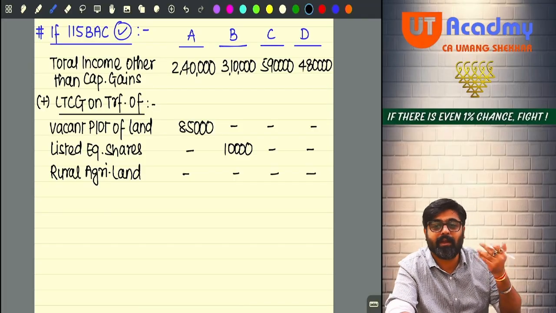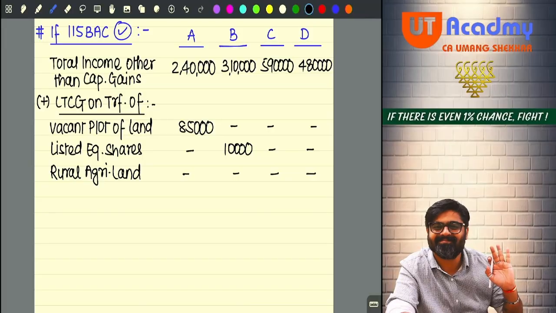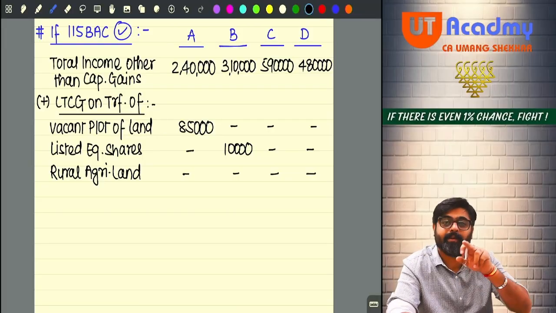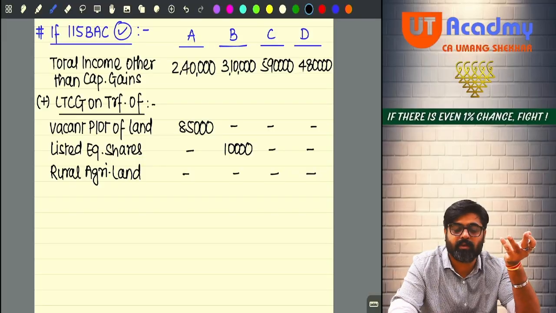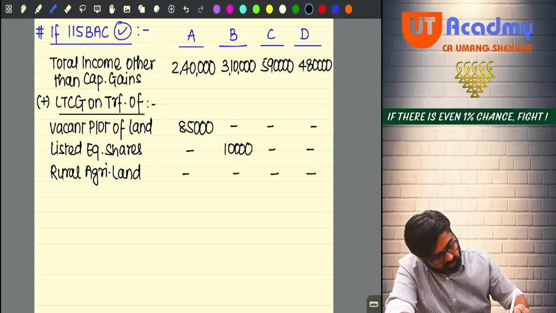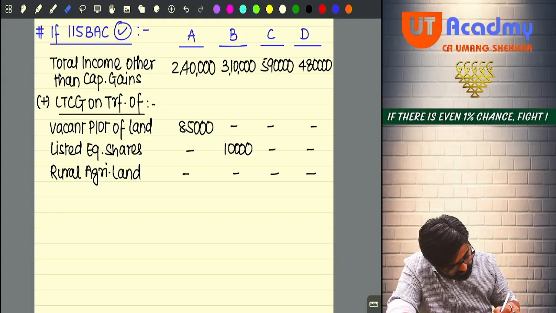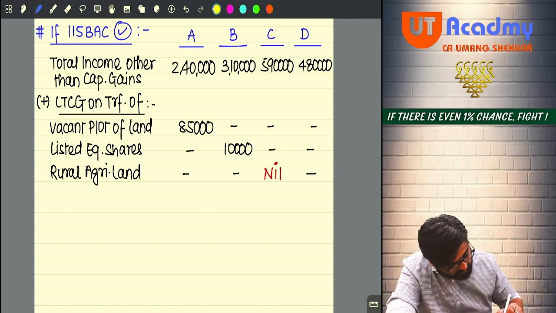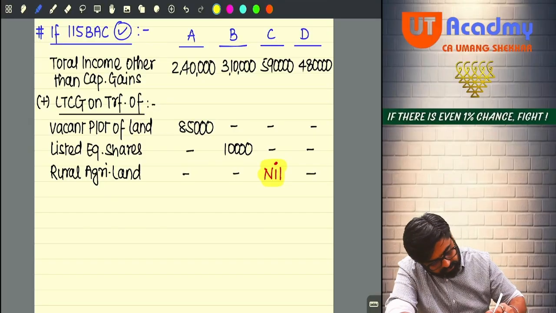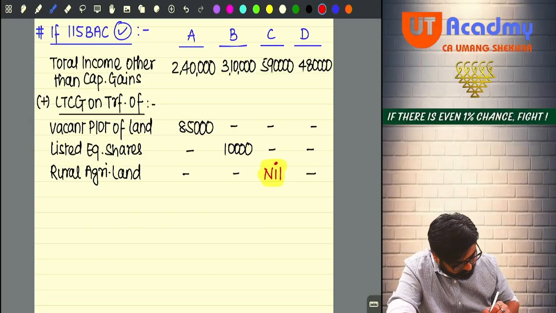Rural agricultural land I will not write only. I have deliberately written, but I will not take that capital gain in my total income because that is not taxable. So instead of writing dash, I will write nil, since it is not taxable.